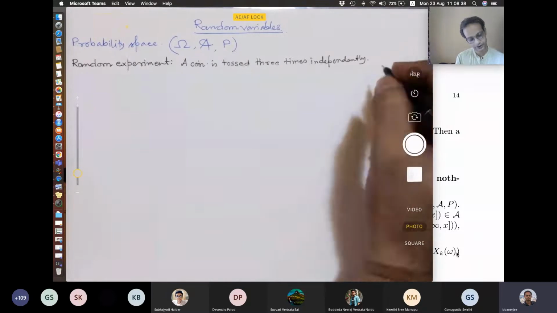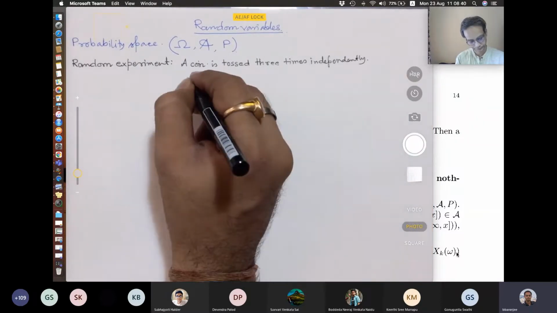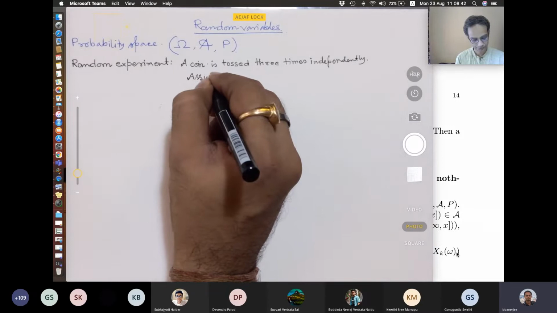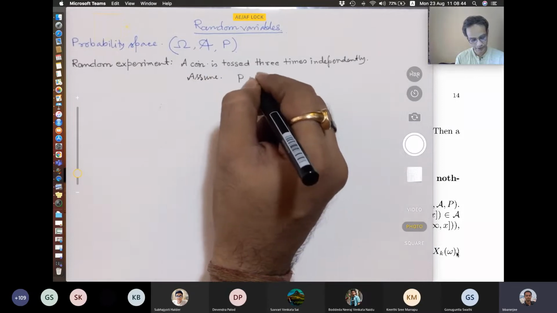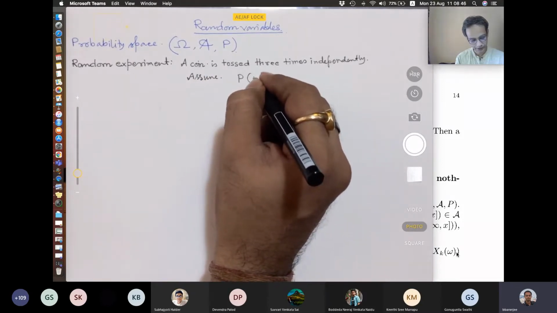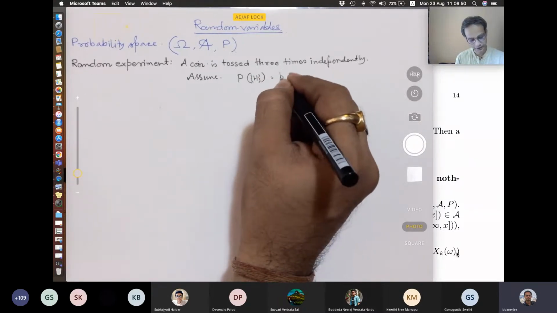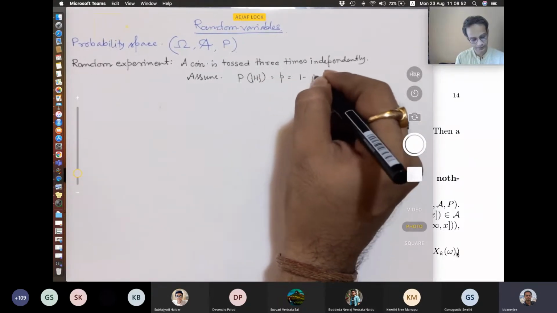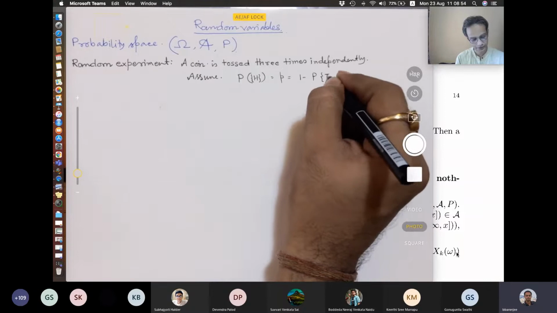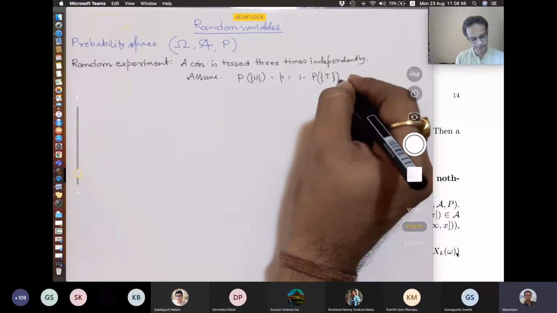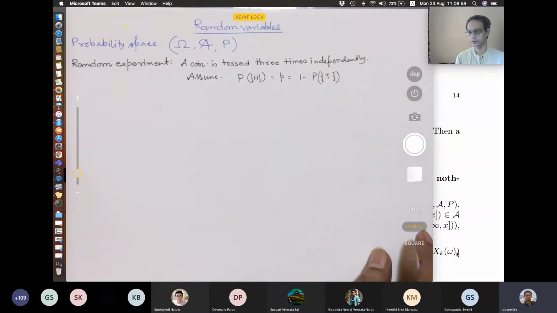And also assume that the probability of getting head is p, which equals 1 minus the probability of getting tail. Okay, so let us keep the thing much simpler.